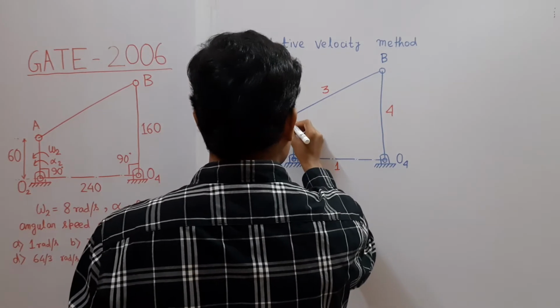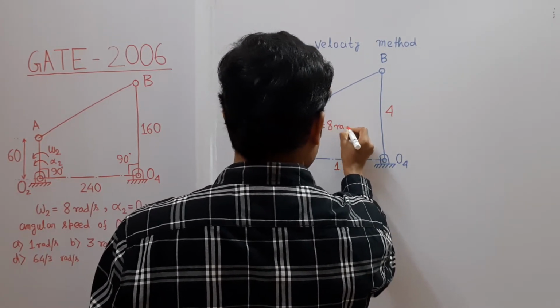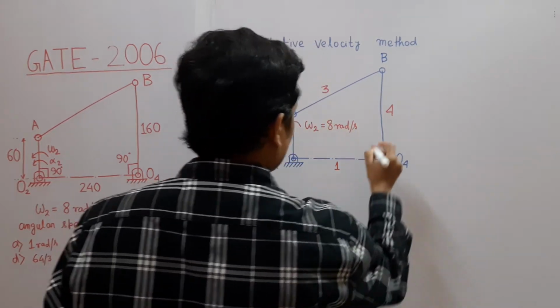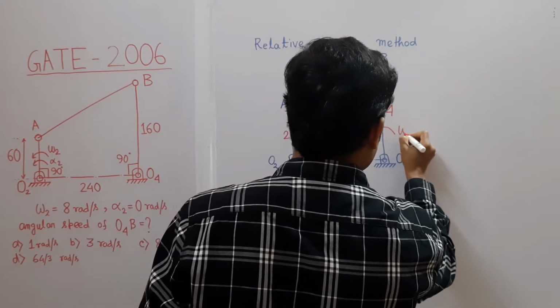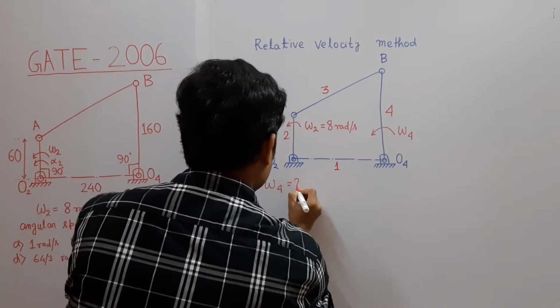So omega 2 is given, omega 2 is 8 radian per second, and you have to find out the value of omega 4.